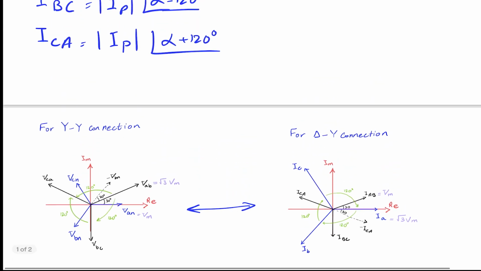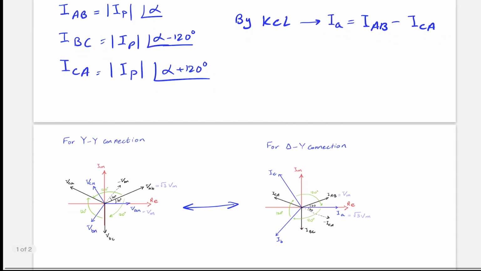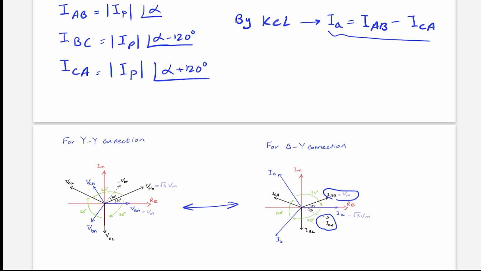Okay, so what did we say? We said IA is equal to IAB minus ICA. So if we have IAB, then minus ICA will be this vector. And if we add them, we will get IA, which is this one, right?